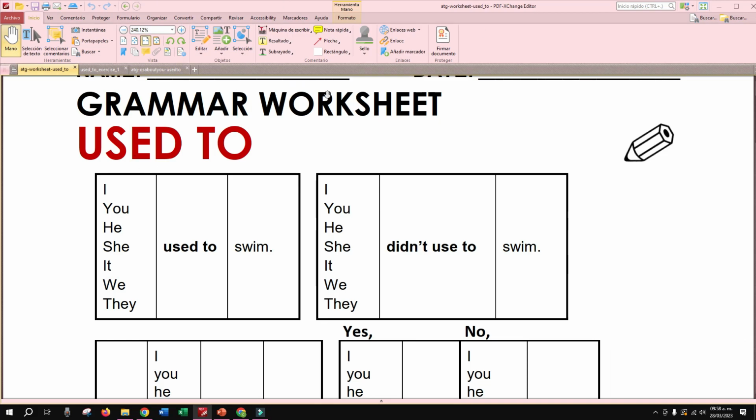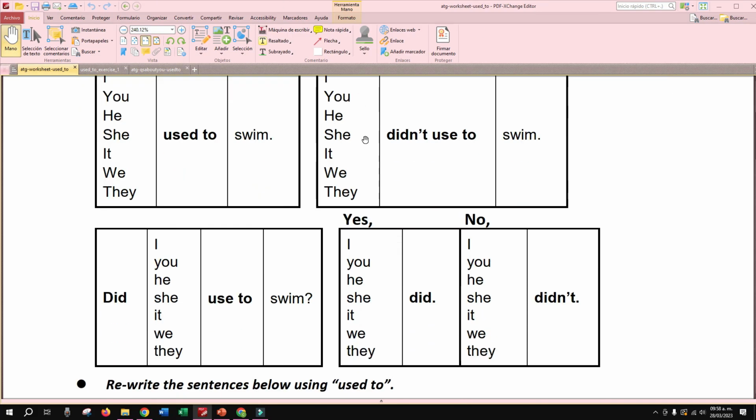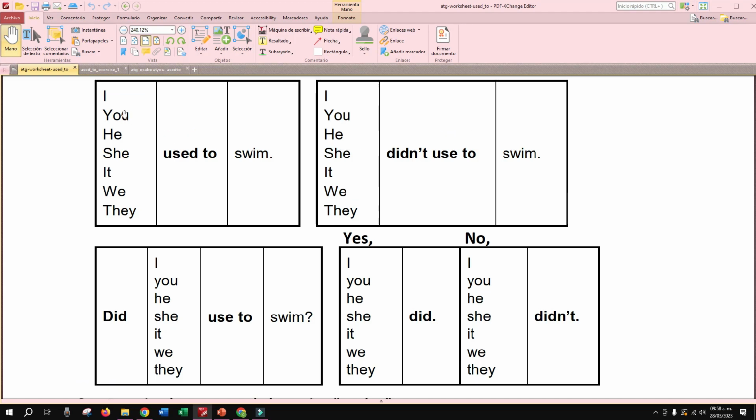Okay, yes, I can see. So here we have used to. This is like a little review about this. I, you, he, she, it, we, and they. Those are like the subjects or the pronouns. Then we have used to and the verb in the base form.